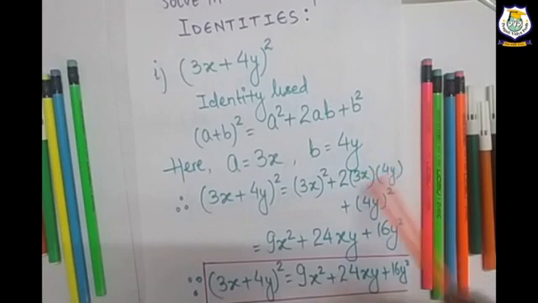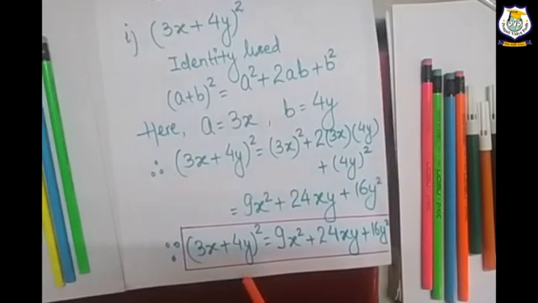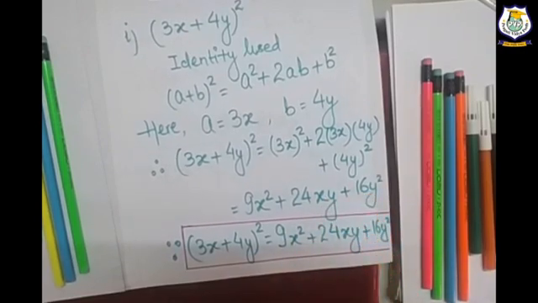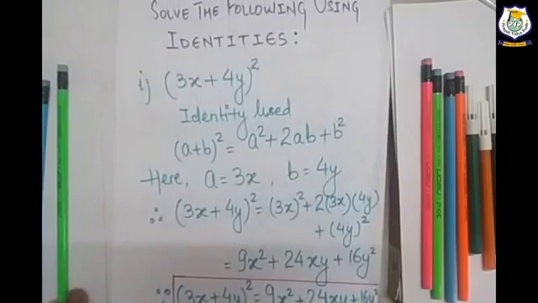And 4y whole square is 16y square. Therefore the answer is 3x plus 4y whole square equals 9x square plus 24xy plus 16y square. This is one basic rule of how the identity is implemented in questions.